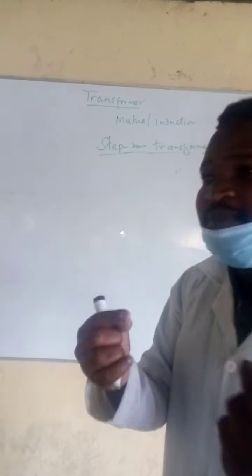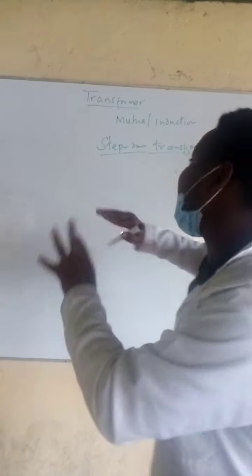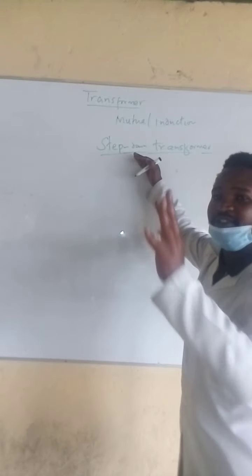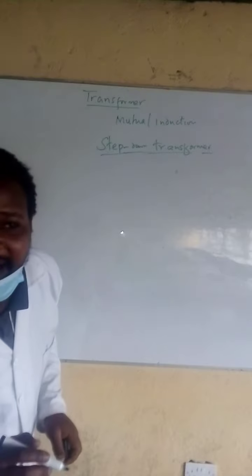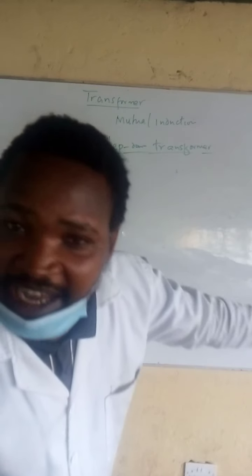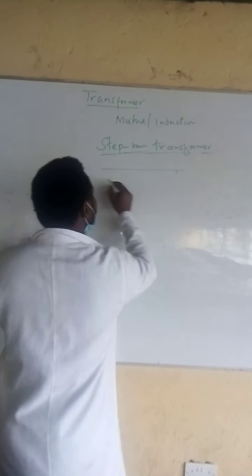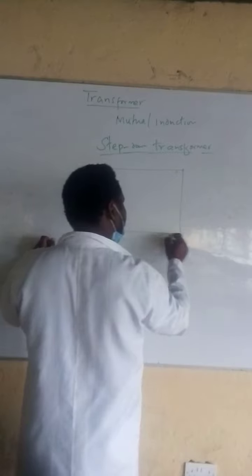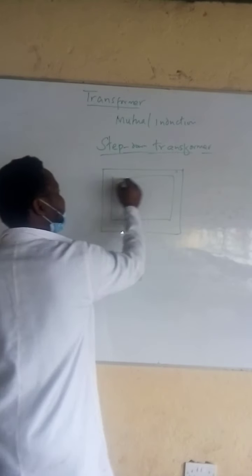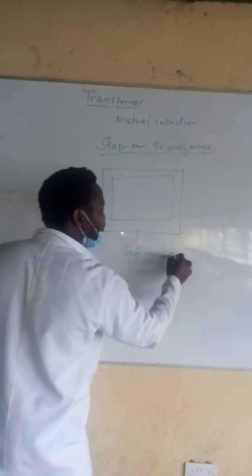So what is a step-down transformer? This one consists of the same number of coils. We have the primary coil and the secondary coil. The difference between this one and the step-up transformer is that this one has more turns in the primary coil than in the secondary coil, as shown below. Good. This is our soft iron core.